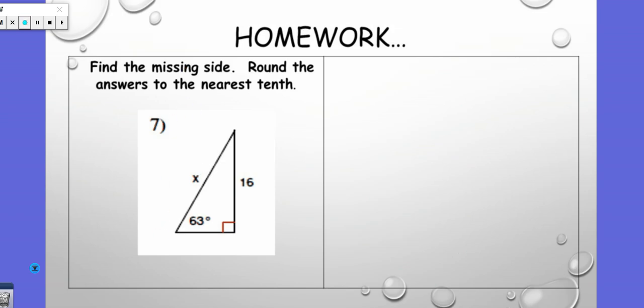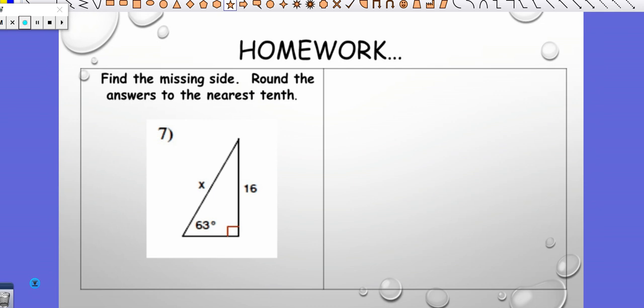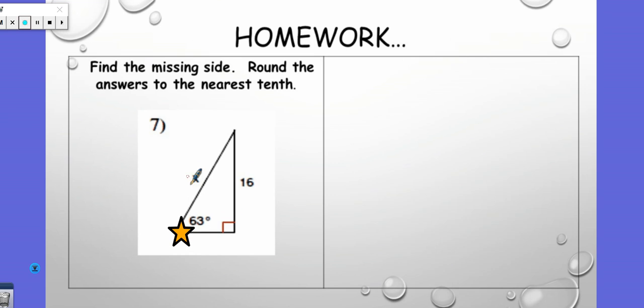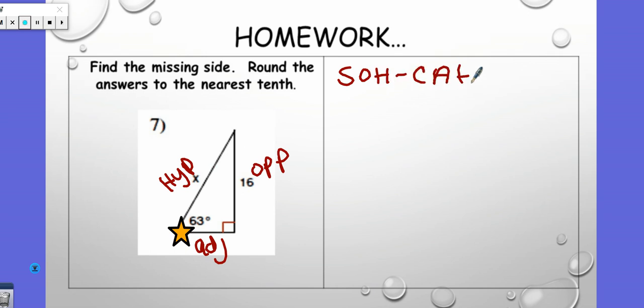Now it says to find the missing side. I'm going to put my finger on the angle that I'm given, and the part across from the right angle is the hypotenuse that I'm touching, and the other side is the adjacent, which means right next to. And over here is the opposite. So I'm going to write my SOH CAH TOA, since I don't have two sides of that right triangle.